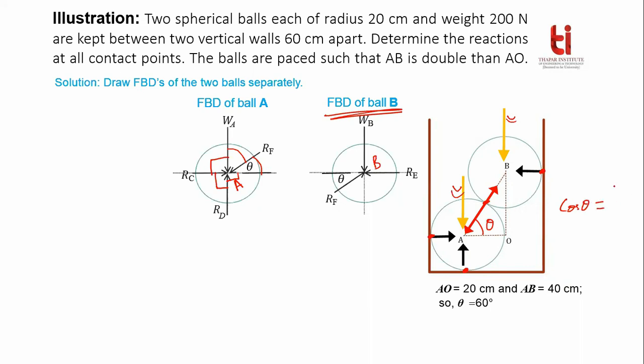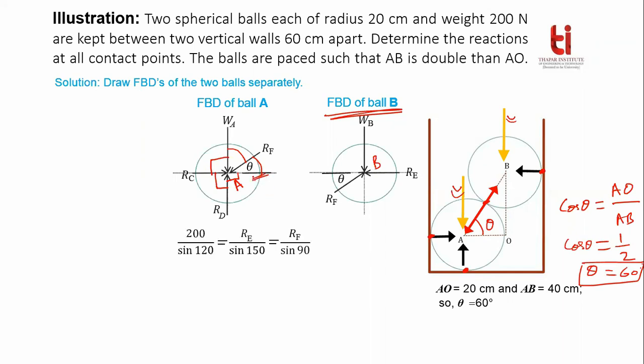So cos theta will give you AO divided by AB, and finally you will get half. So theta will be 60 degrees. In this way, from geometrical analysis, you can find out all the angles.